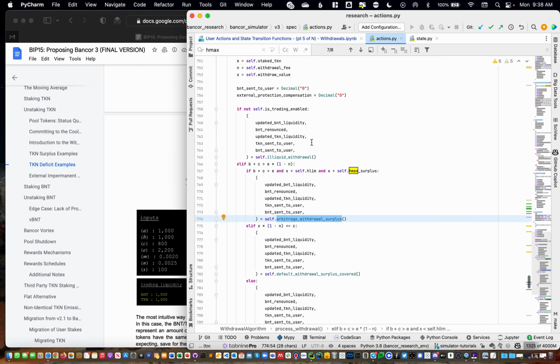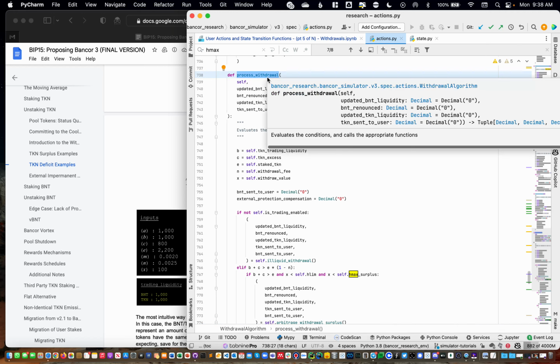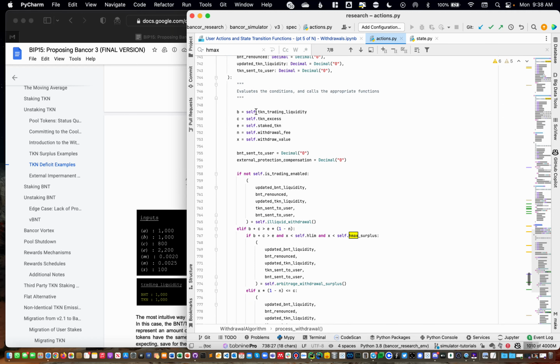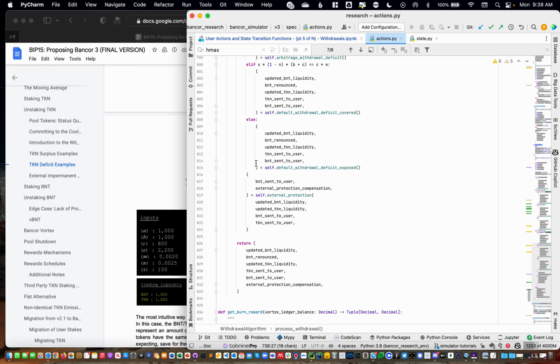So this is the main conditional logic of the class. It runs through which of these 6 conditions is the current state based on the values passed in, and then hands this off to the respective method to complete the calculations, and returns these values, which are then used to update the state.